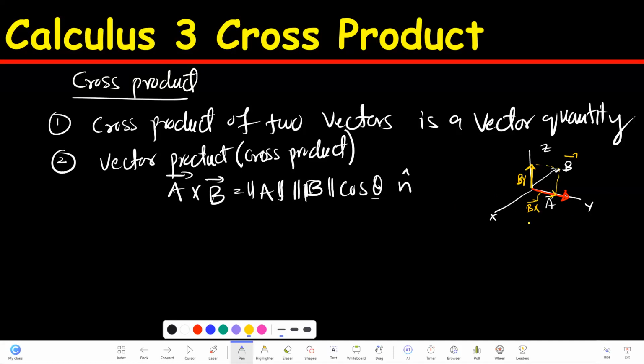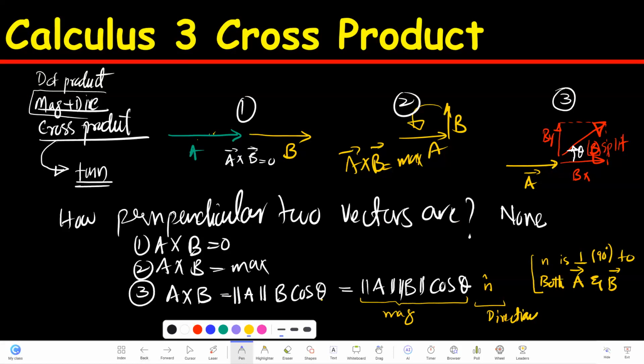Here, Bx equals B cos theta, and By equals B sin theta. Yeah, my bad. If I take the angle with the y-axis, I'm going to just write here. It should be sine theta because we are taking the angle with the x-axis. Okay. So I'm going to put this one, and this one is also sine theta.